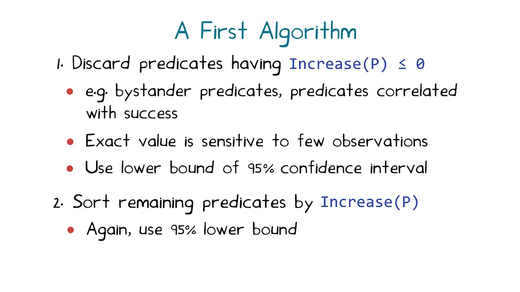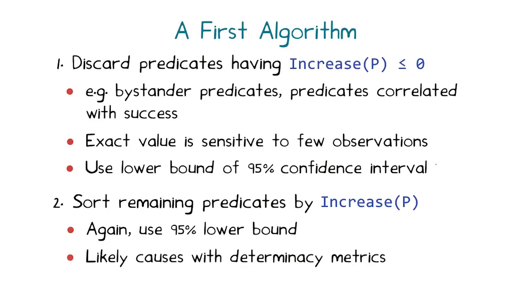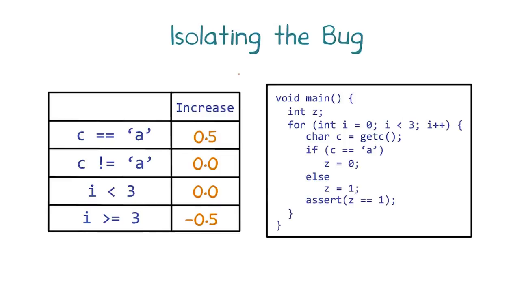We then output the sorted list of predicates along with the increase scores. These predicates constitute likely causes of the failing runs, while their increase scores serve as a determinacy metric. That is, the higher ranked a predicate is in the list, the more deterministic is the failure when that predicate is true. Let's look at the operation of this algorithm on our previous example.